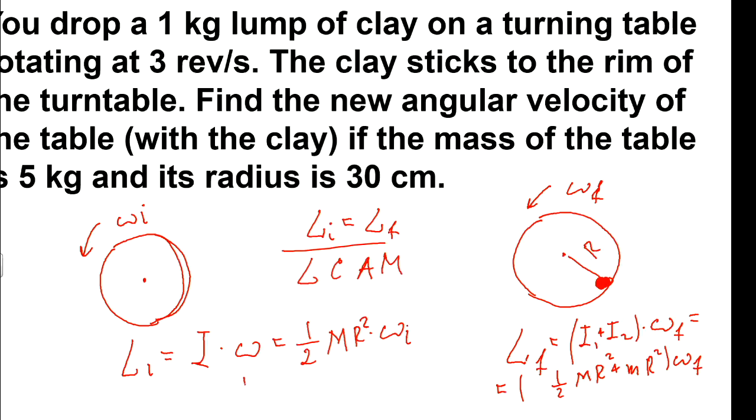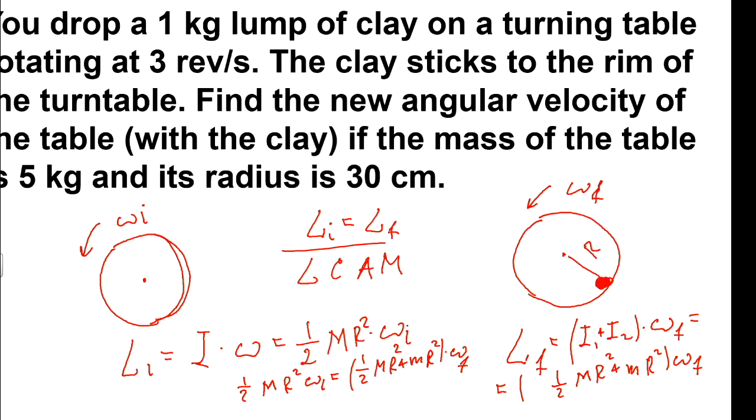We should write 1/2 MR squared times initial angular velocity should be equal to 1/2 MR squared plus little mr squared times final angular velocity.